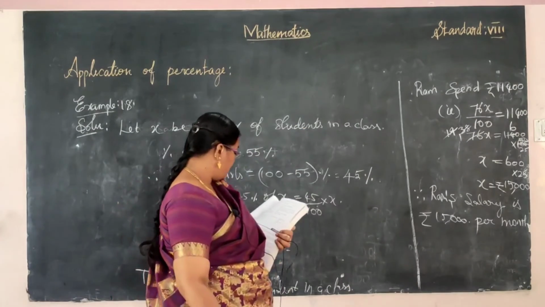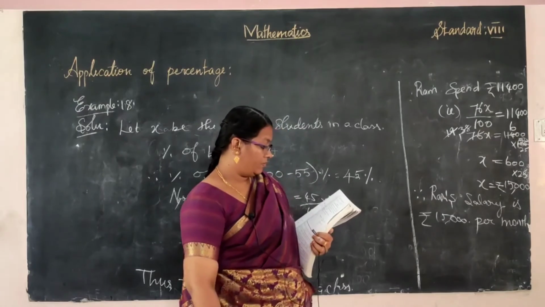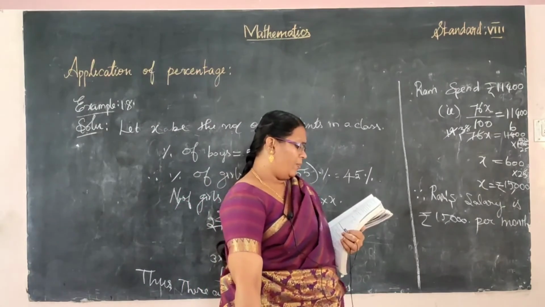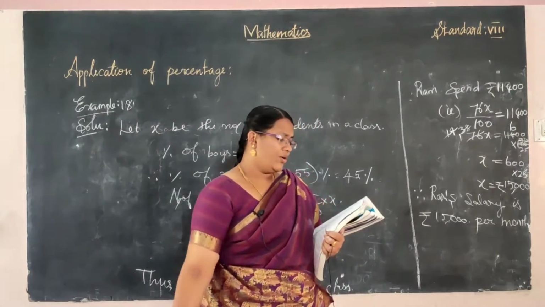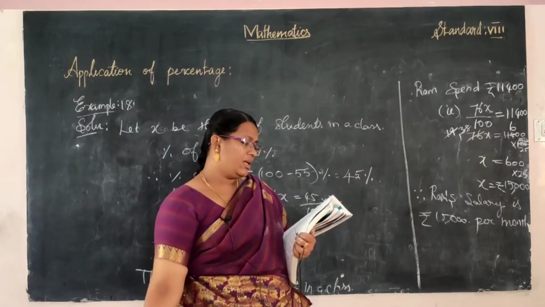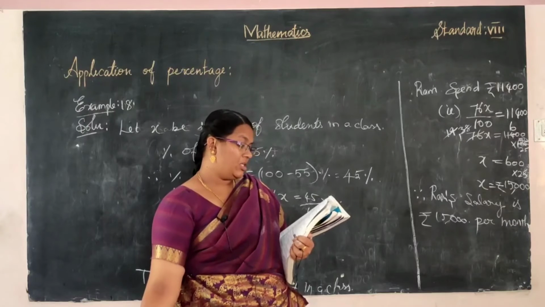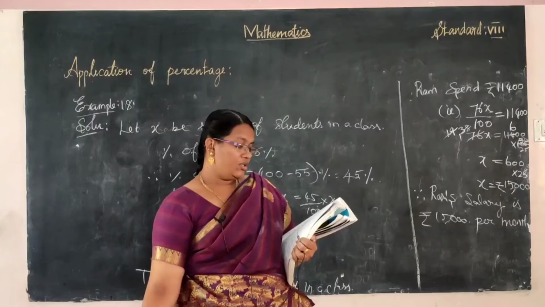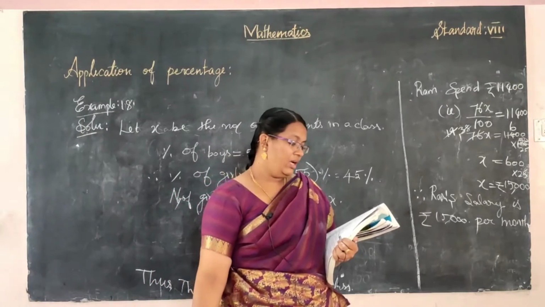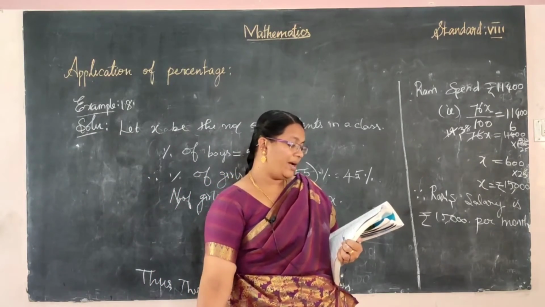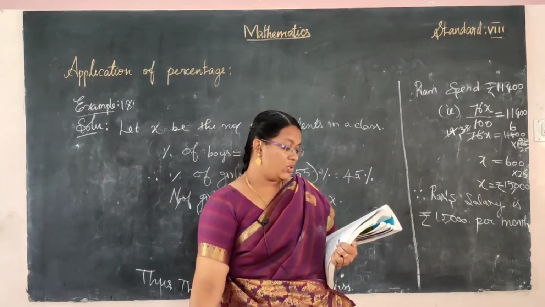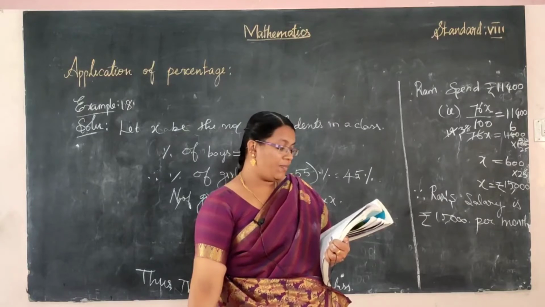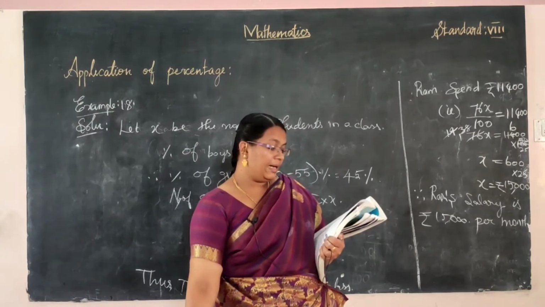Okay, right. And next one, example 19. The price of a mobile is decreased by rupees 2000 in a year since its launch. If it was launched at the price of rupees 12,500, then by what percentage has the price of mobile decreased?